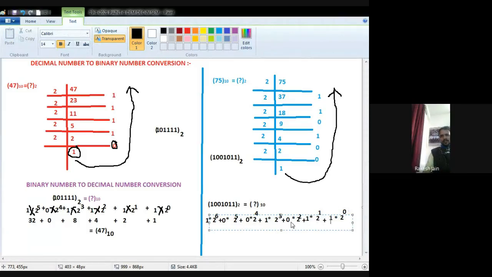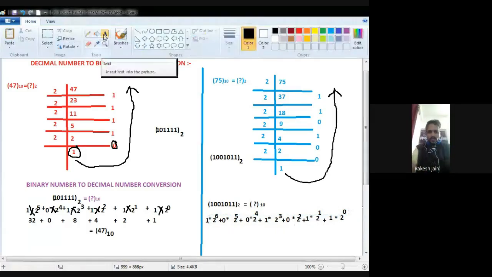Yes. So now check the result. I again explain the same procedure. First of all, we see the number 1001011. We write down the number separately, and multiply each bit by 2 from the rightmost side. The power of 2 starts from 0 in increasing order till the leftmost bit comes.